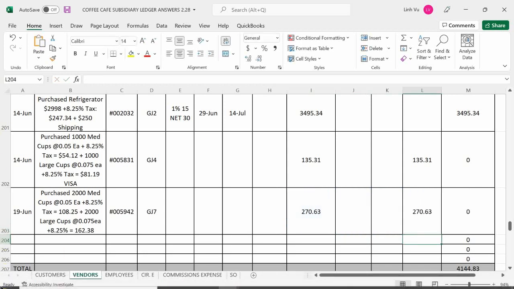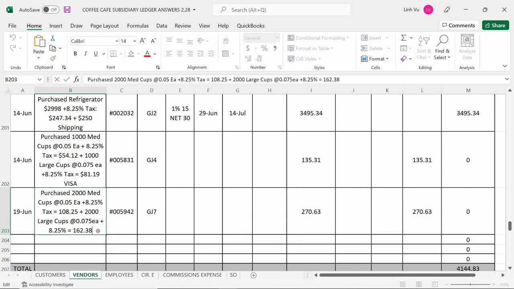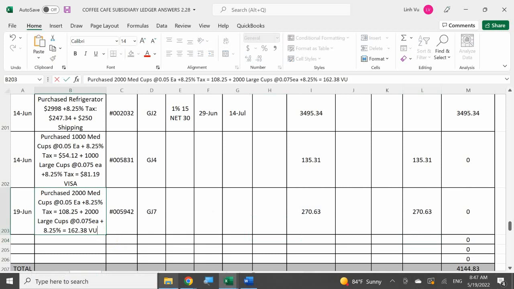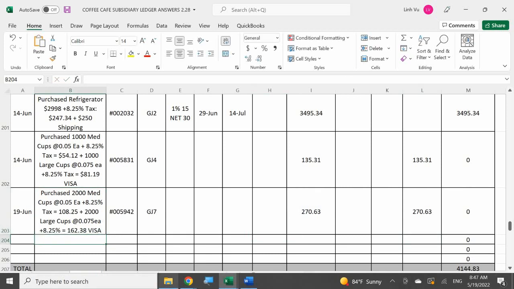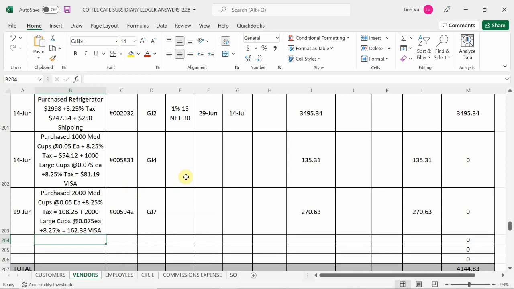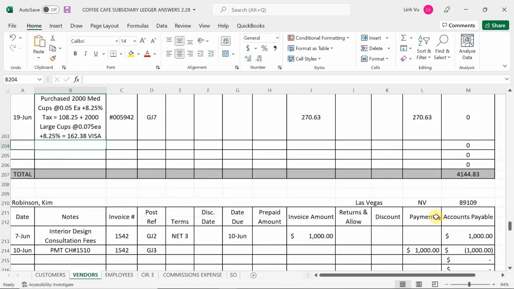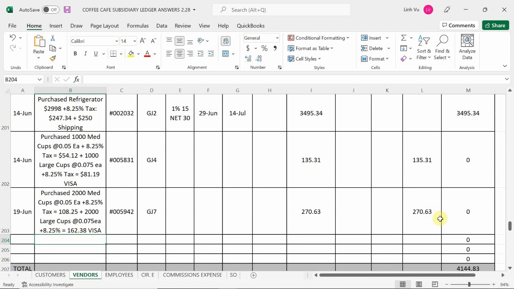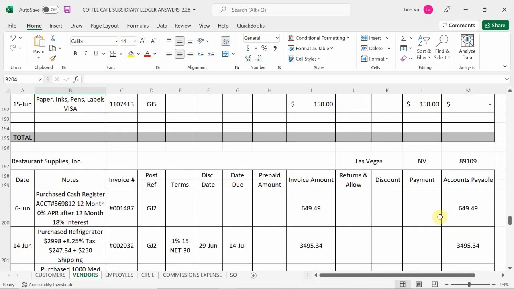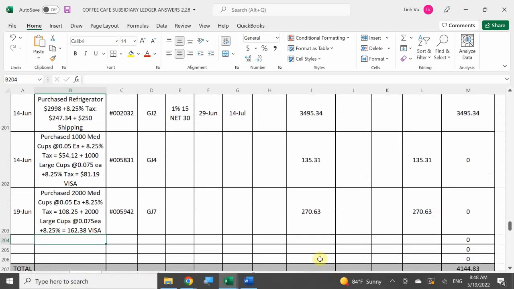I have to add a note here that I used my Visa credit card to pay for it. Because I paid with my Visa credit card, I owe nothing to restaurant supplies, except for other things, right? Okay.